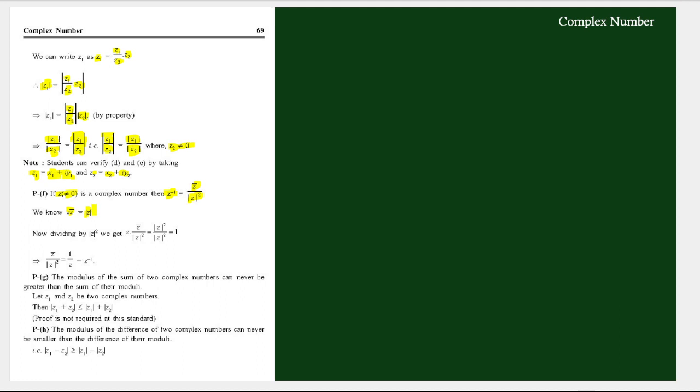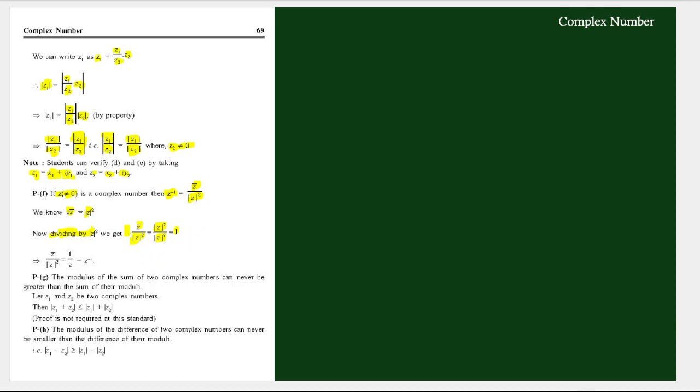So for this one we will multiply both sides by modulus of Z square. So dividing by modulus of Z square, we get Z into conjugate... on the right hand side there will be modulus of Z square, modulus of Z square. If you cut them you will get 1. So on the right hand side we got 1.